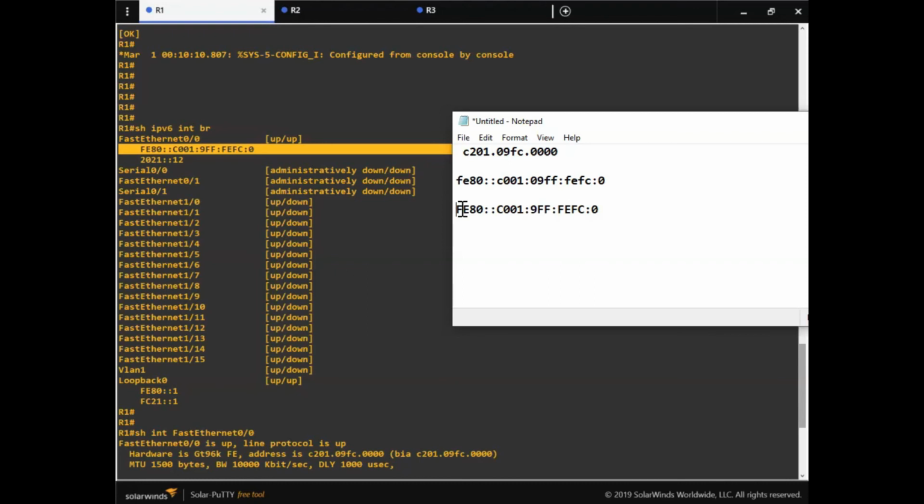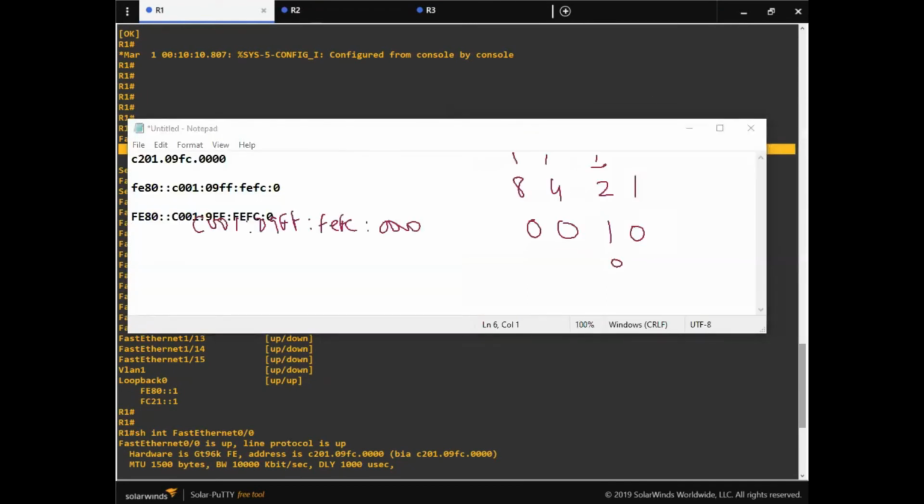How did the C001 come? It's not 201, right? The 7th bit should be reversed. When we convert the 7th bit, it will be 2 and it will go through to C001. If you remember, I was showing you this.